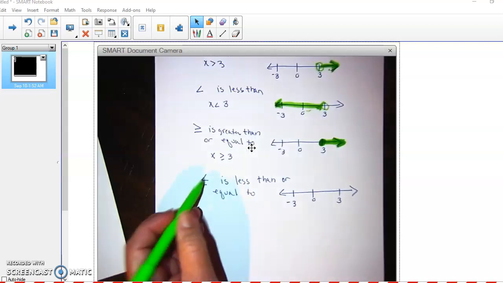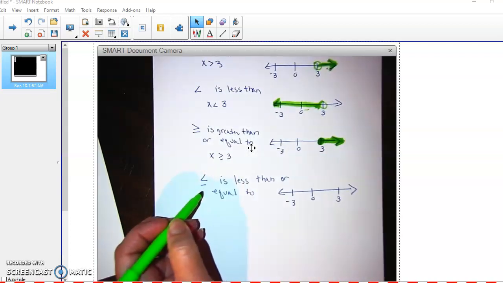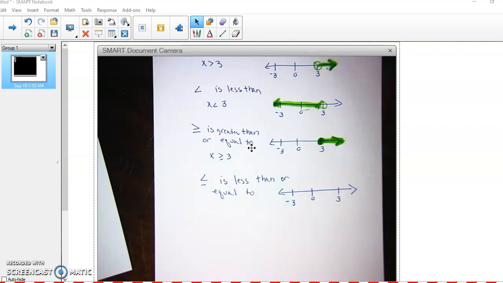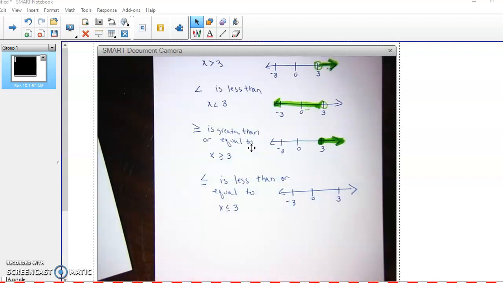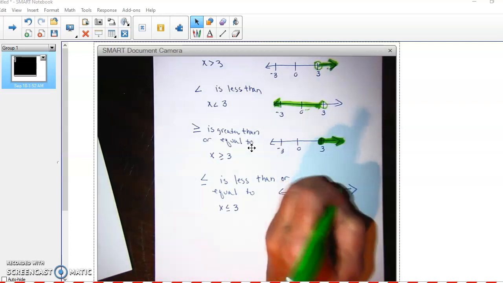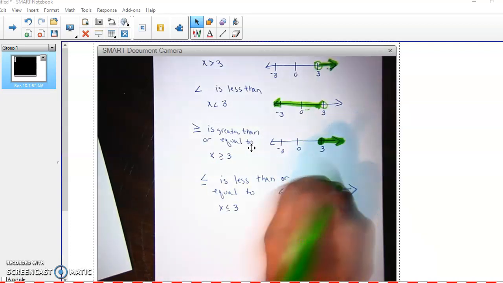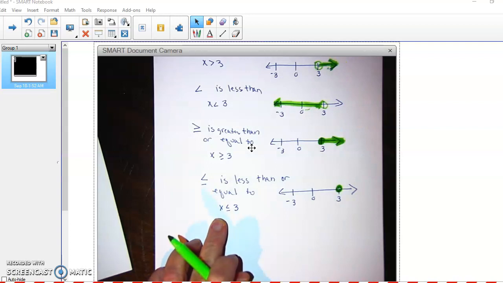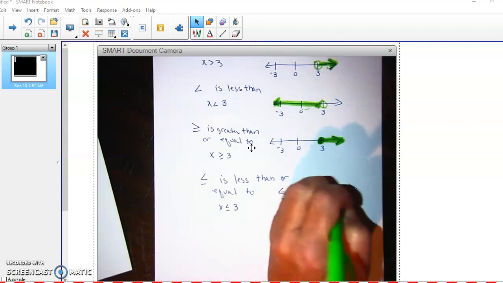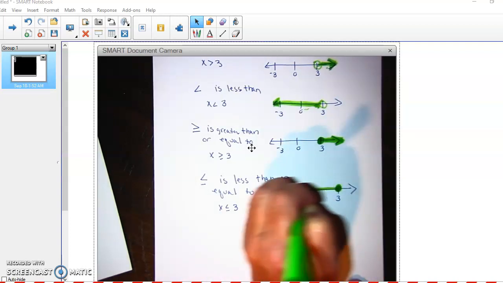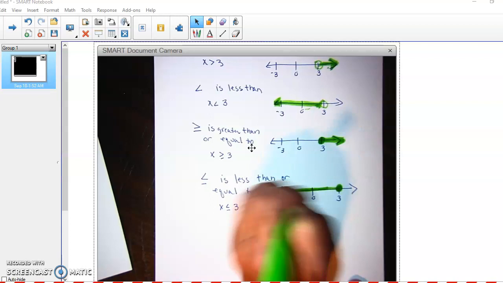This one here is less than or equal to, let me put my inequality in there, x is less than or equal to 3. So we're going to start with a closed circle at 3, which means 3 can be substituted in here. 3 is less than or equal to 3. So we're going to shade it in. And all of these numbers that I'm shading in are solutions as well. Okay?